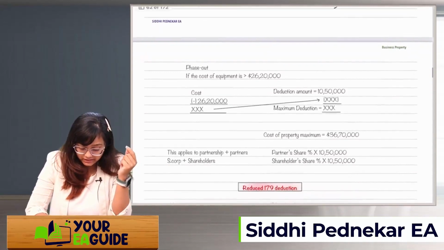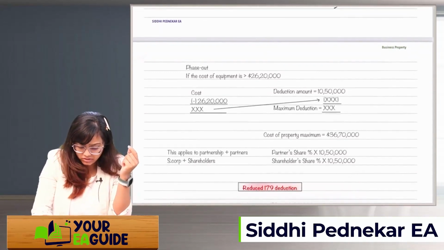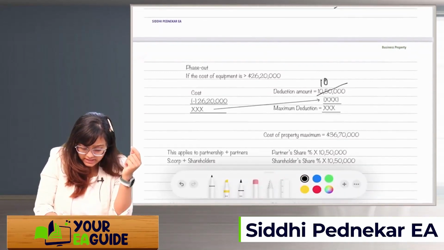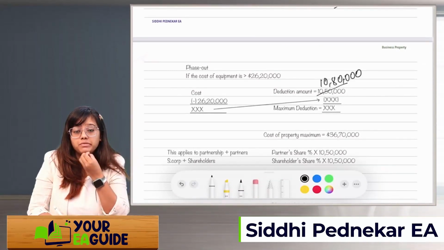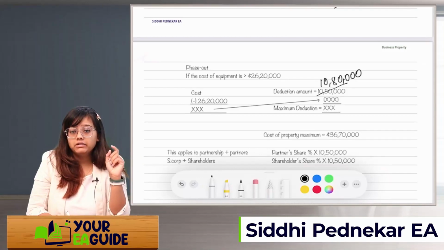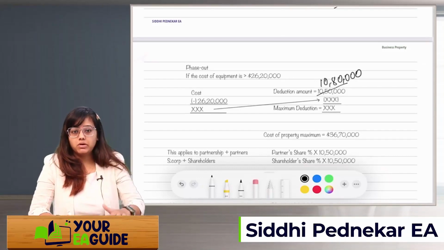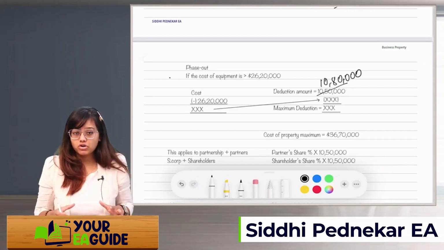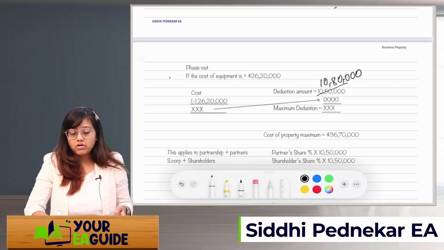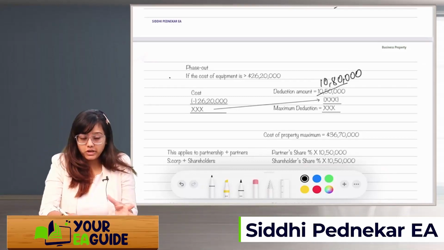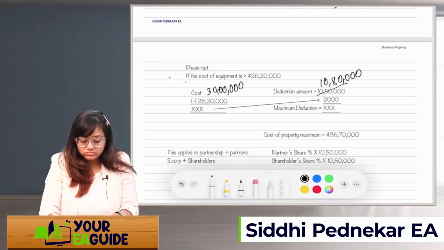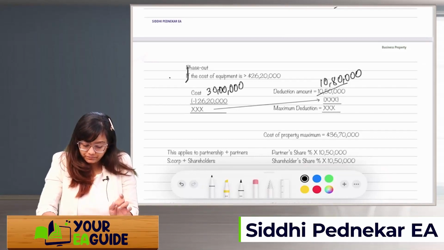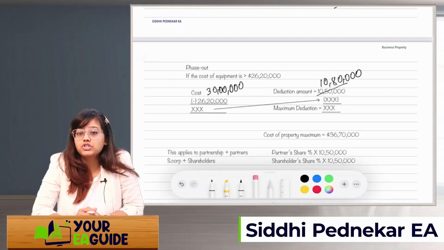See, first we will take the deduction amount, which is 10 lakh 80. Okay, guys, it's 10 lakh 80. 1050 was still the previous year. Okay, 10 lakh 80 we will take, and reduce the phase out amount. How will it be done? Whatever is the cost of your asset, for example, say the cost of the assets cumulatively is 30 lakhs. So you will reduce from 30 lakh the limit, which is 2620.